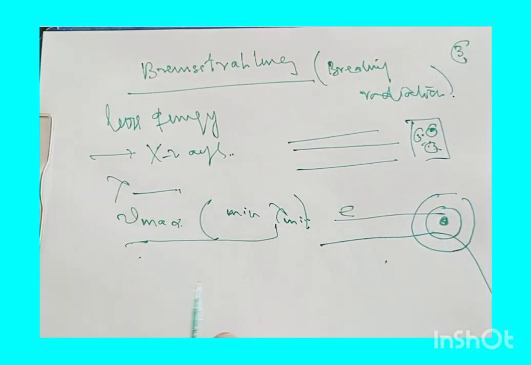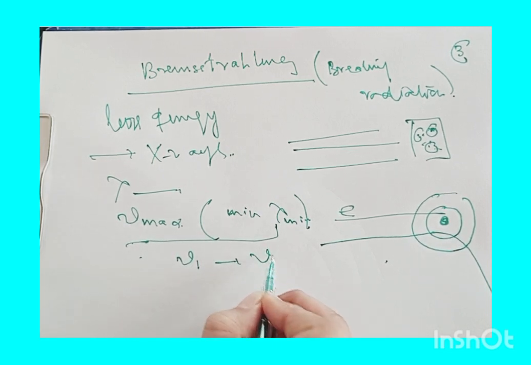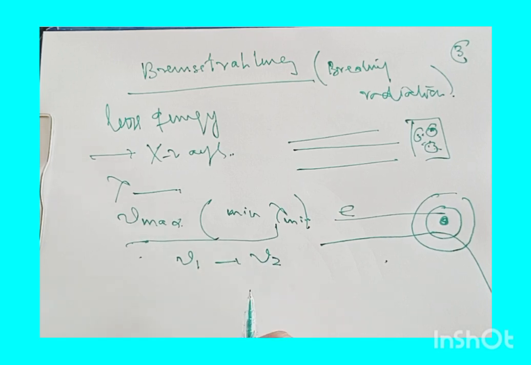Now, let us assume that the velocity of an electron changes from v1 to v2 due to the electrostatic interaction.